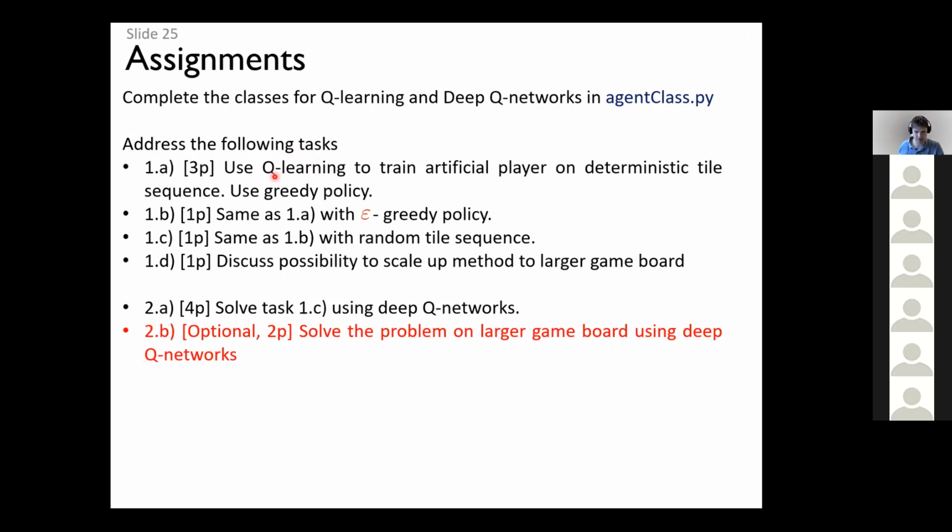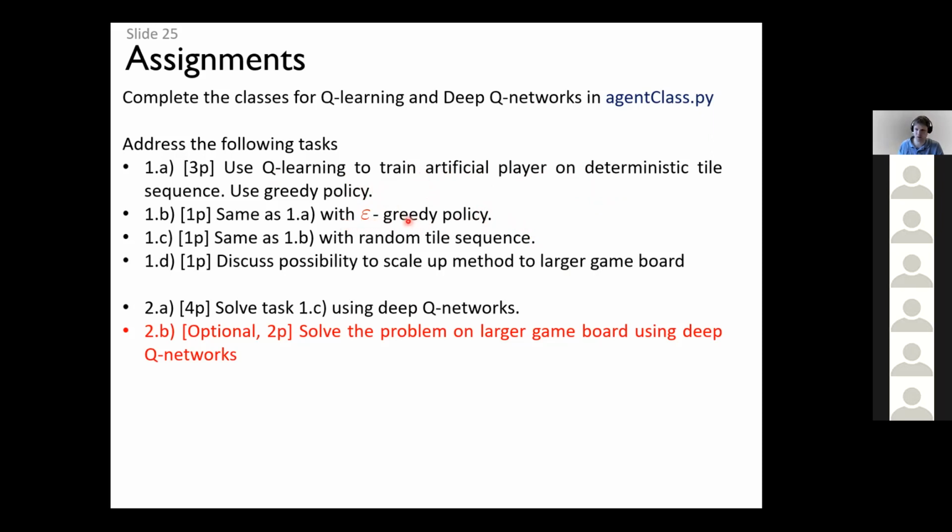And the first question is to use regular Q learning to train a player of this game, the simplified version of Tetris, on deterministic tile sequences with greedy policy. And the reason for this first choice is that this is something that can be done very quickly. So you can get convergence in a minute or so on the computer. So it's a good testing ground. And then you will build up more and more complicated scenarios.